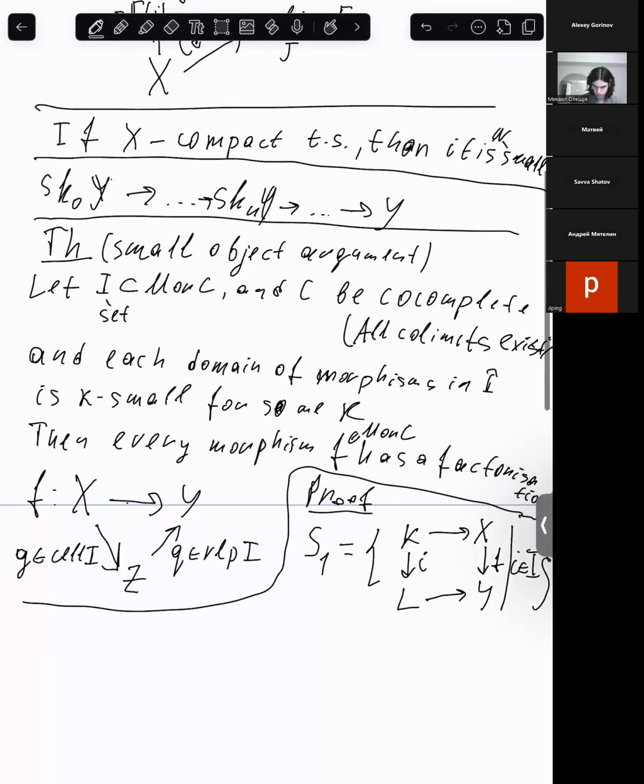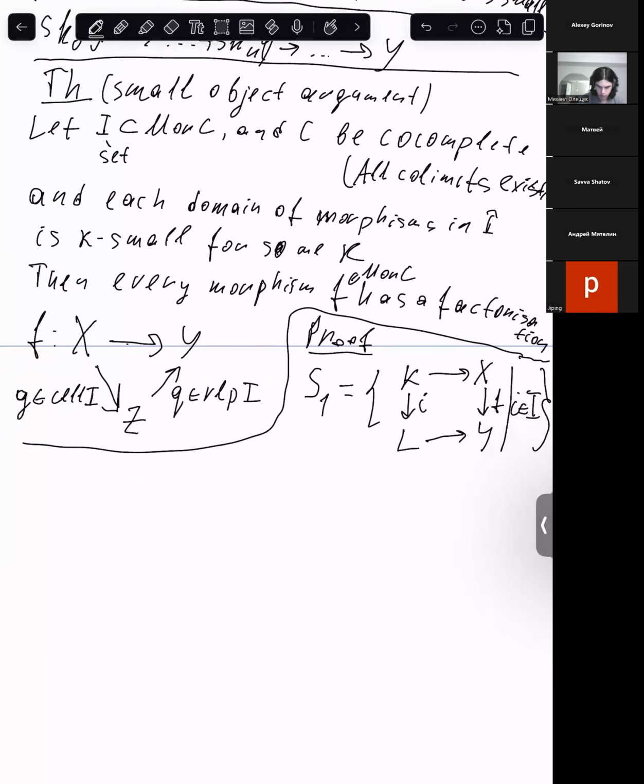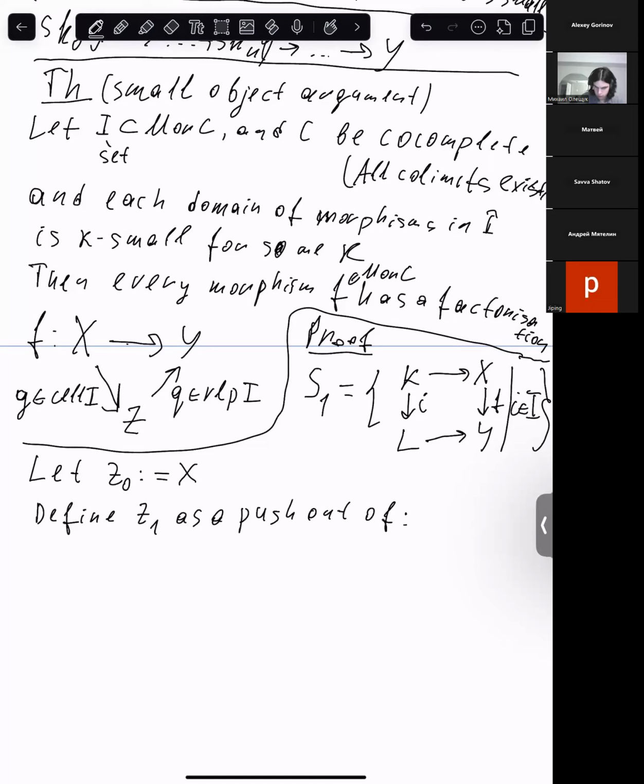So you can define Z1 as the pushout of the diagram, it looks like that.